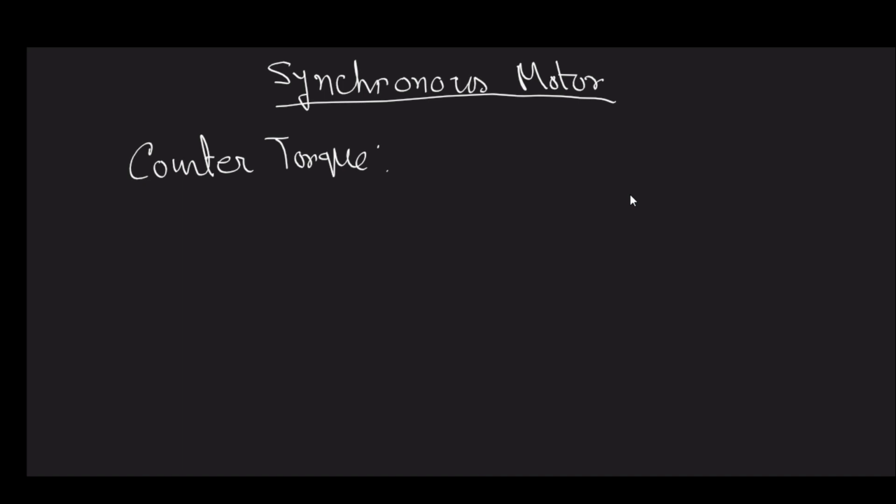This torque is produced by our armature current and our field flux. These two act together, and they try to slow your machine. How? Let us try to understand.